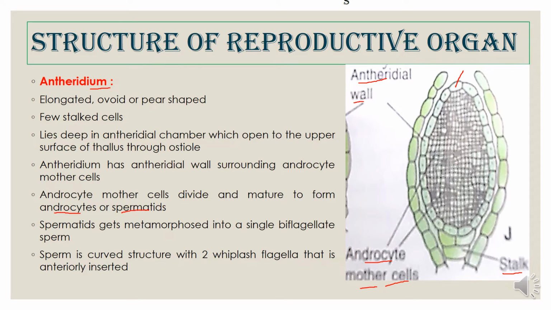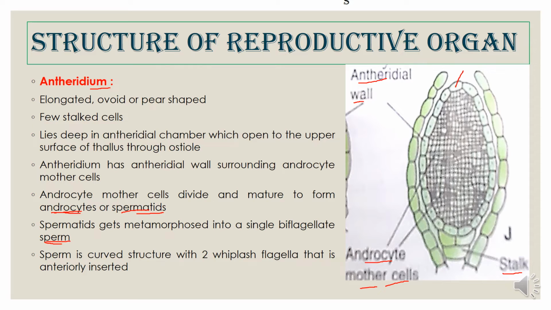These androcytes or spermatids have a very large nucleus and very dense cytoplasm, and they get metamorphosed into a sperm. The process is called spermatogenesis.